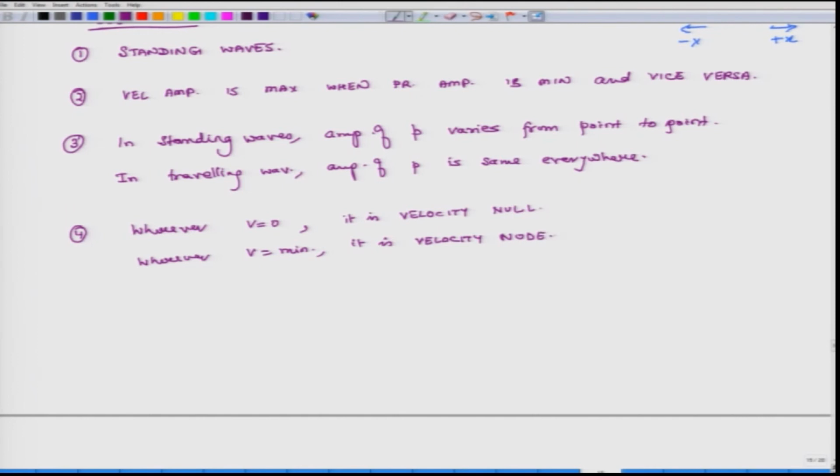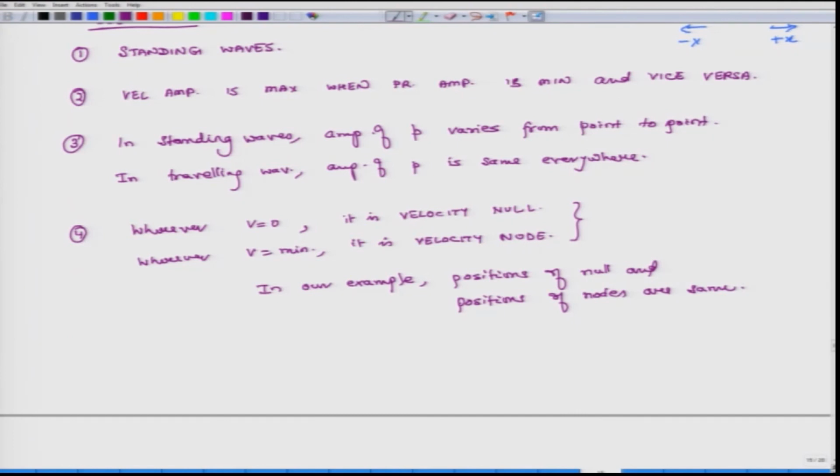Now, in our case, the location where velocity is 0 and the location where velocity is minimum are the same. So, in our example, positions of nulls and positions of nodes are the same.